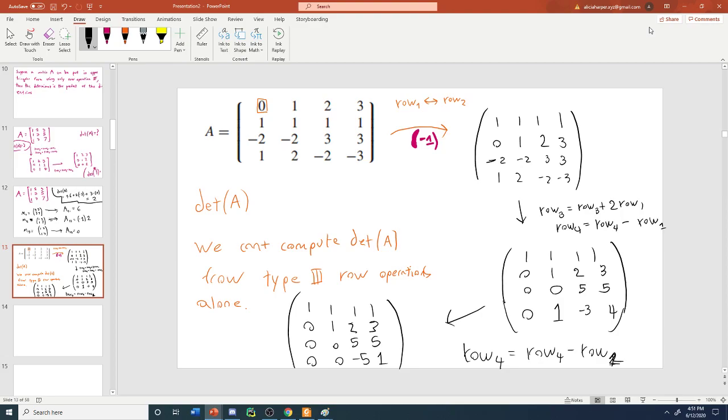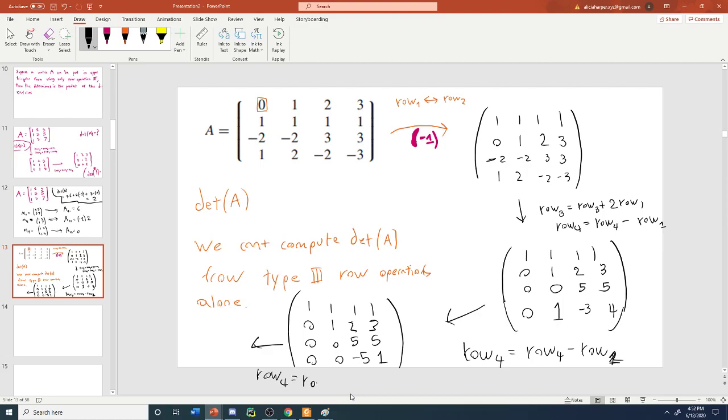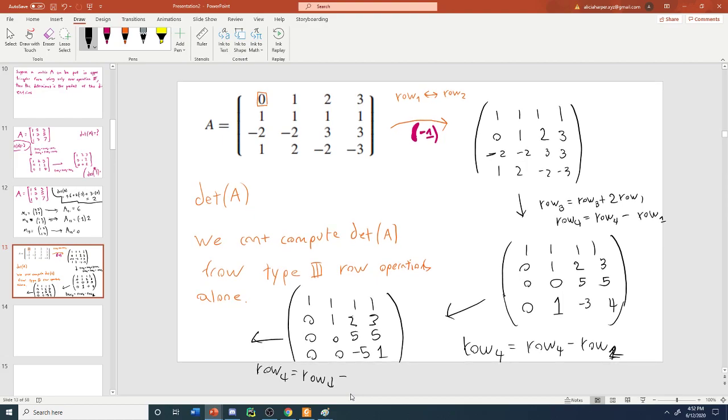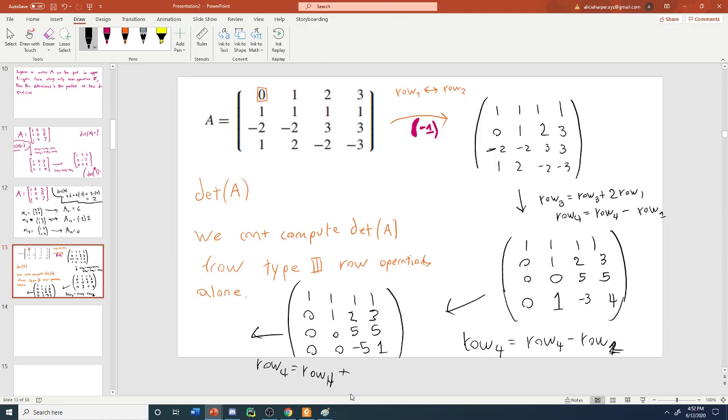All right, now this thing is almost in upper triangular form. The only problem is this -5, and I can get rid of it by doing one more type 3 operation. So I can set row 4 equal to row 4 plus row 3. And if I do that, I get this matrix.